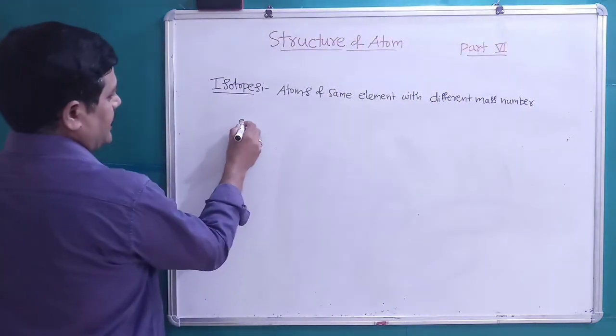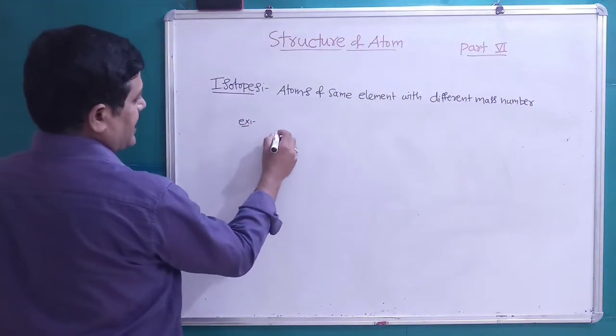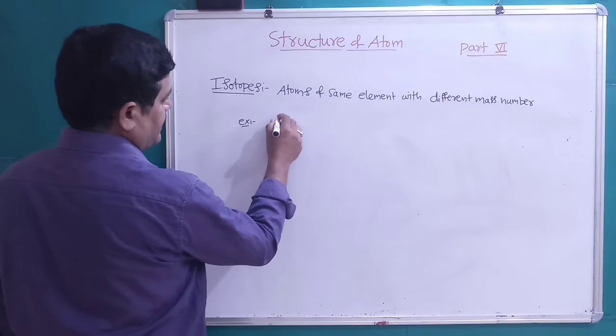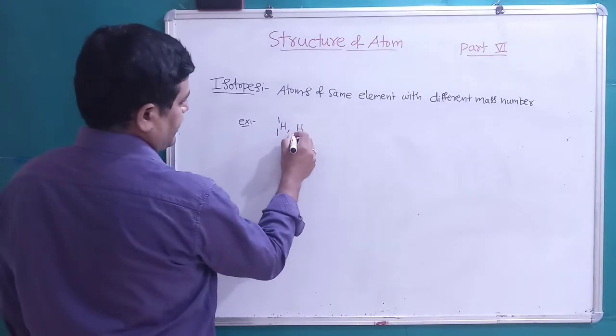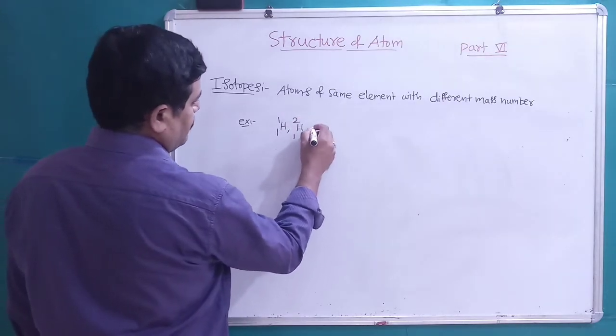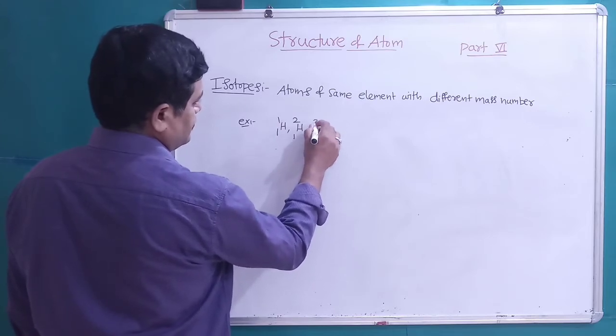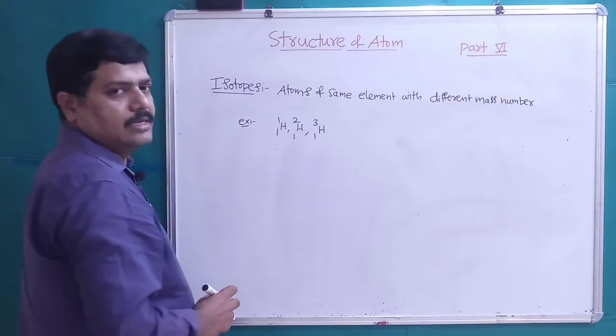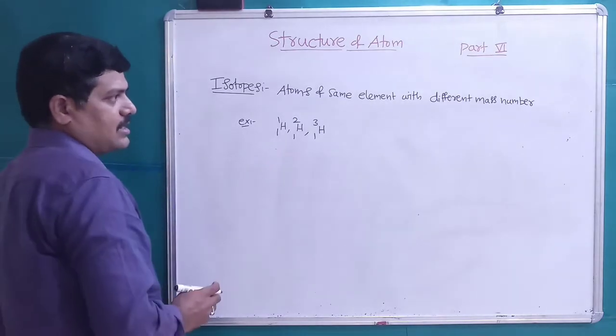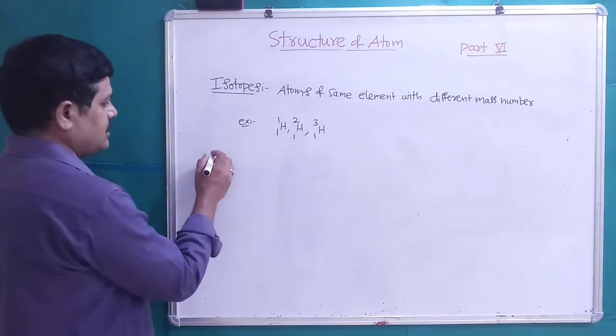Example: hydrogen exists in three isotopic forms, 1H1, 1H2 and 1H3. Same atomic number, different mass number, they are called isotopes.